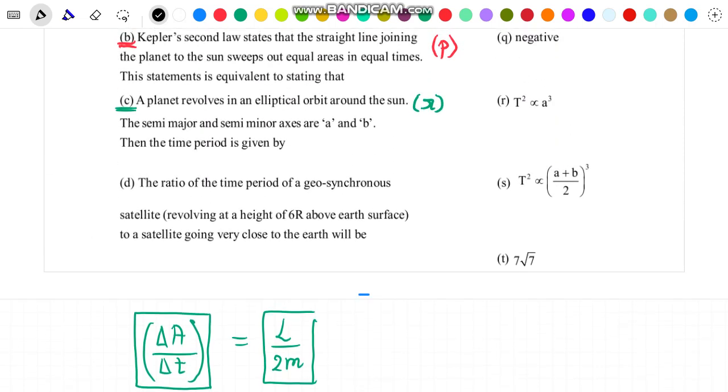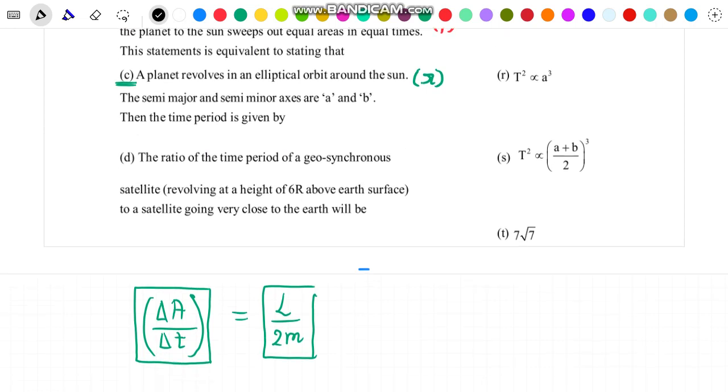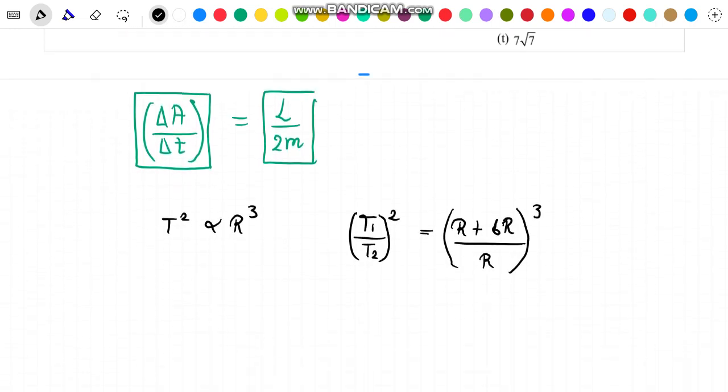since this geosynchronous satellite is orbiting at a height of 6R, its orbital radius will be equal to 7R, that is 6R plus R. Let me write small r over here in order to avoid confusion. This small r is the radius of the orbit.